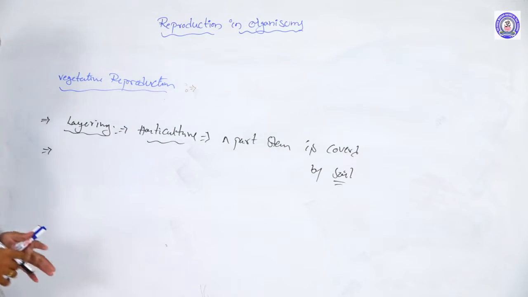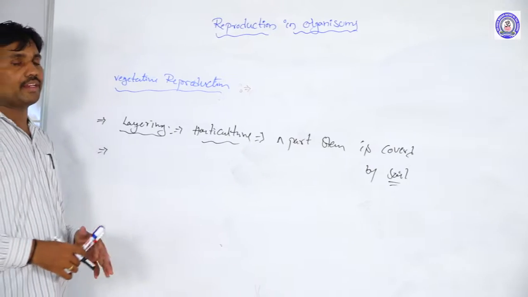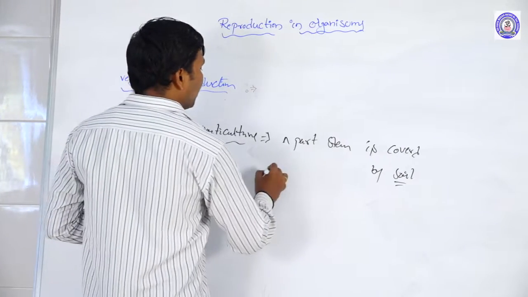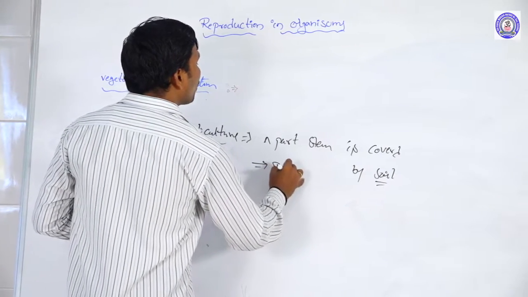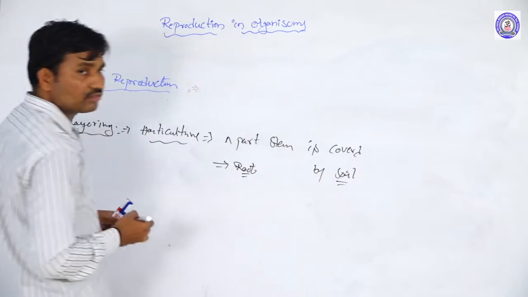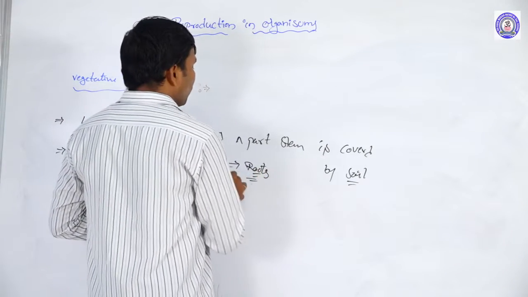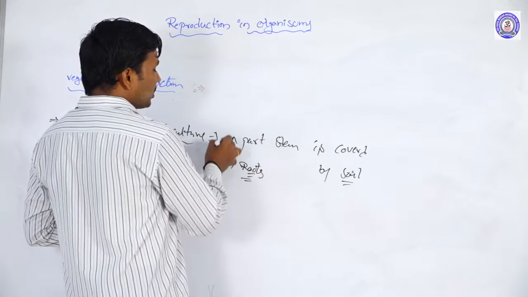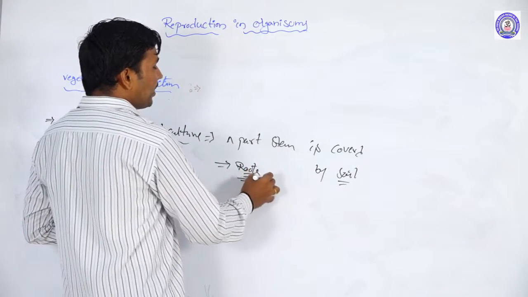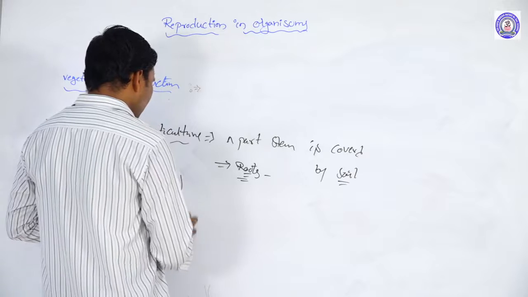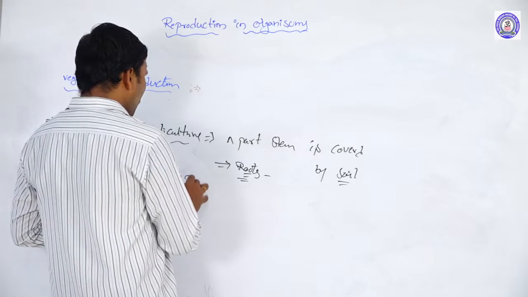A part of the stem is covered by soil. Wherever they are covering, rooting occurs at that particular part. Once rooting occurs, that part of the plant is separated from the parent and develops as a new plant.